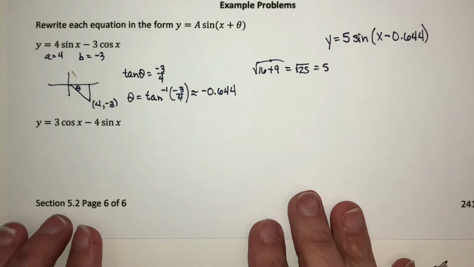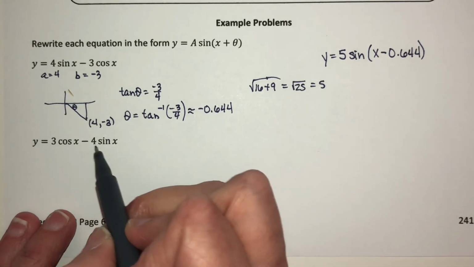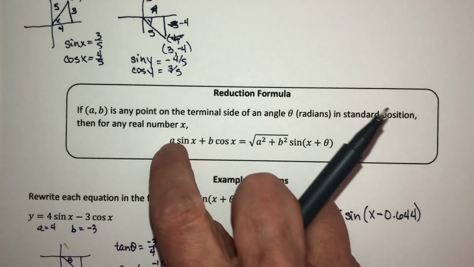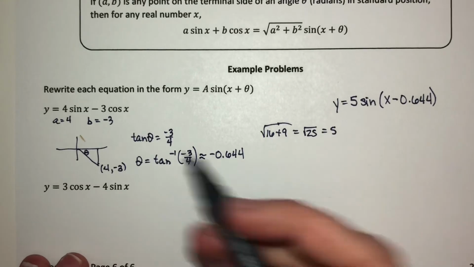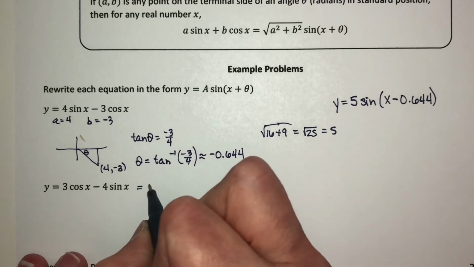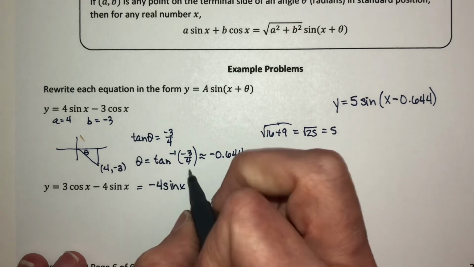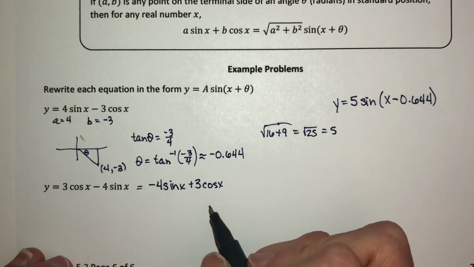Okay, similar problem here. Y is equal to 3 cosine x minus 4 sine x. This is tricky because your A belongs on your sine and your B belongs on your cosine, and they've got this out of order. So rewrite this as negative 4 sine x plus 3 cosine x.